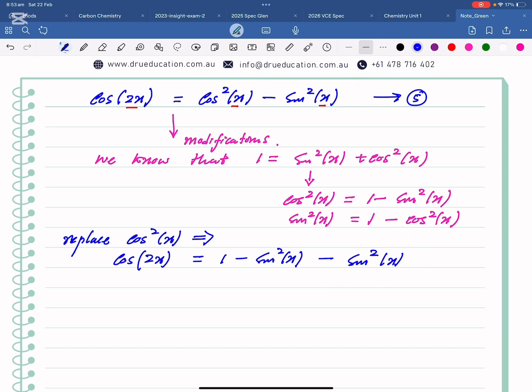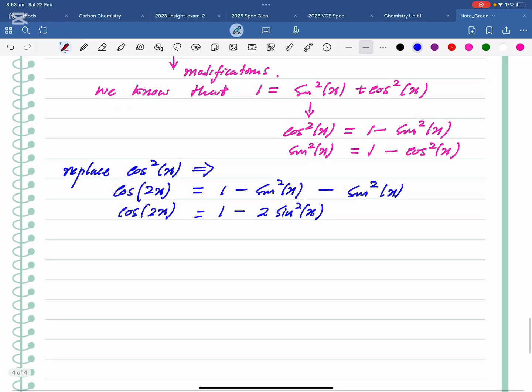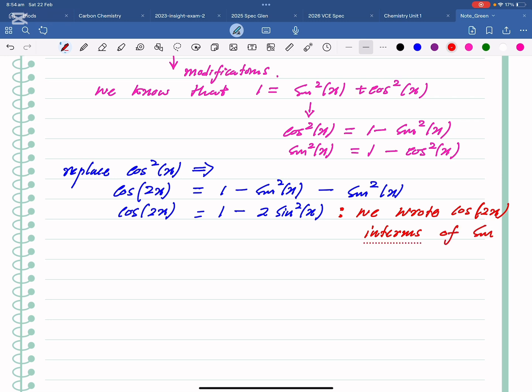If I do that, it's going to be 1 minus 2 sin squared x. So cos 2x. Easy. Now, if you analyze it, what we obtained was we wrote cos 2x in terms of sine only. Easy.